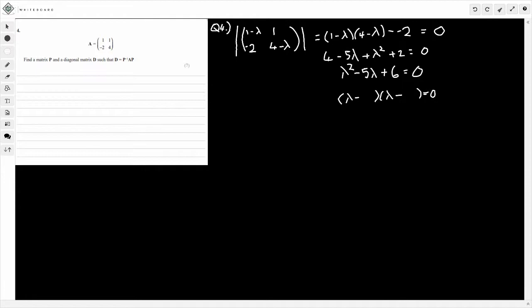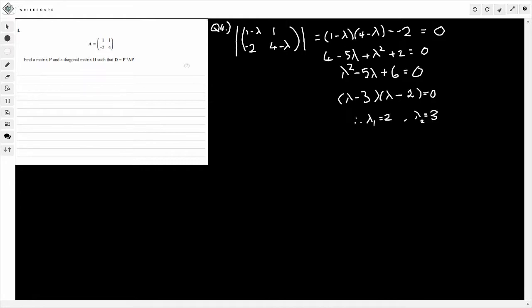That's going to give me minus 3 and minus 2 to give me the quadratic here. So we know, therefore, that lambda 1 is equal to 2 and lambda 2 is equal to 3. So we have our two eigenvalues here.